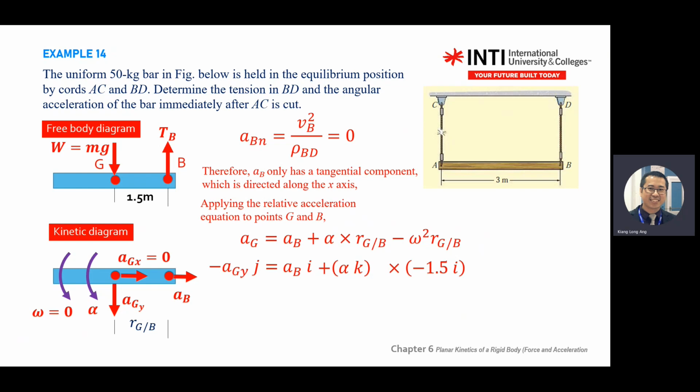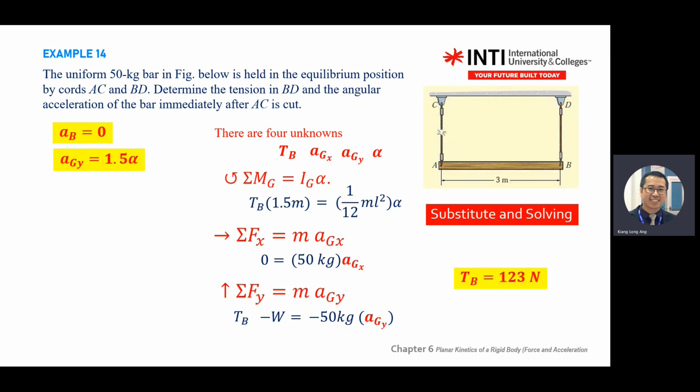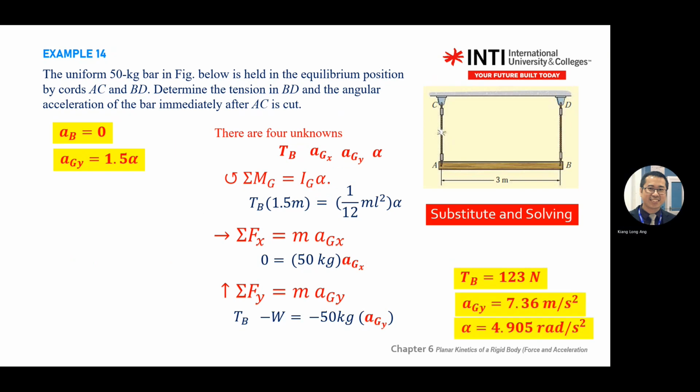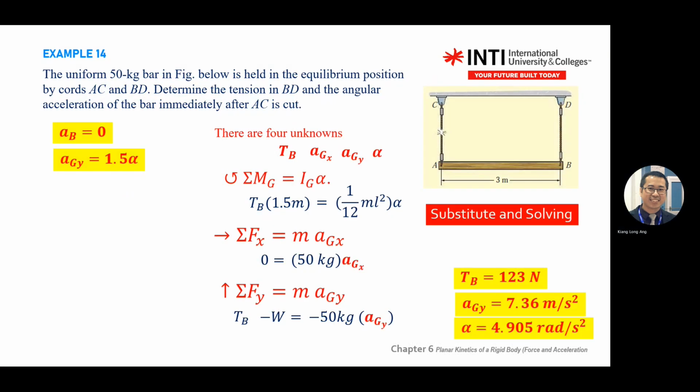So your fingers curl in, your thumb points out. So you get a positive K. Cross minus 1.5. Okay. Then your omega is 0, and you solve for I and J. Okay. Then you substitute all the known values, you solve for the unknown. Okay. So this is chapter 6. Right. Let me stop the recording.